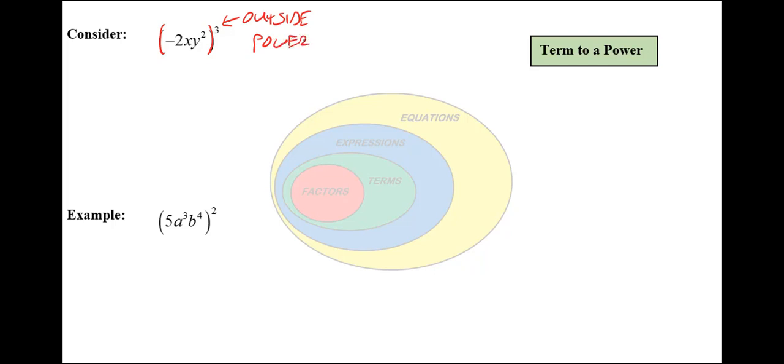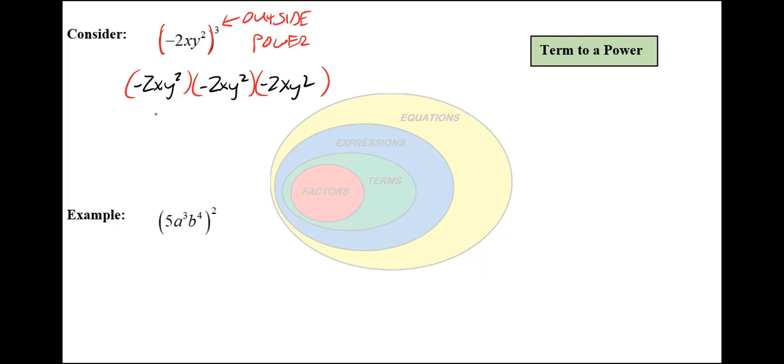If we apply the outside power, this is a power of 3, so I want 3 copies of negative 2xy squared. And now we're just multiplying terms. This is just one term. We're multiplying individual monomials.